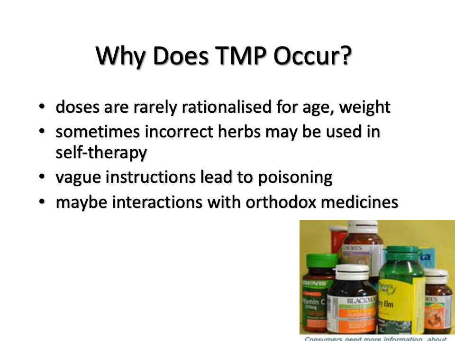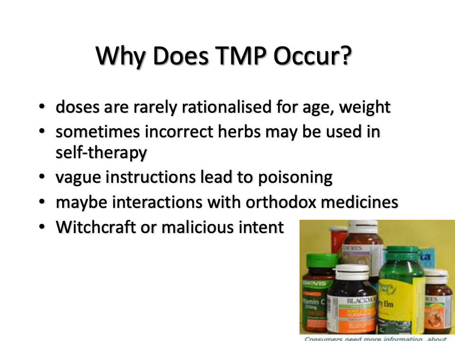And it could be the other way around, where the plant might have some inducing activity, perhaps leading to an increase in cytochrome P450 enzymes, which therefore reduce the efficacy of other drugs, leading to adverse effects, not necessarily poisoning, but adverse effects nonetheless.